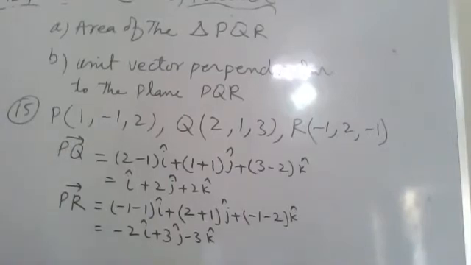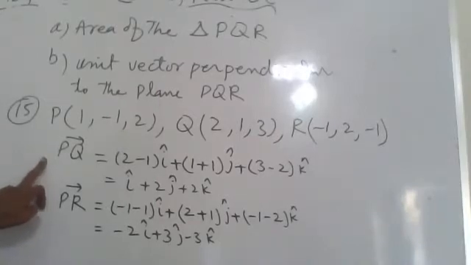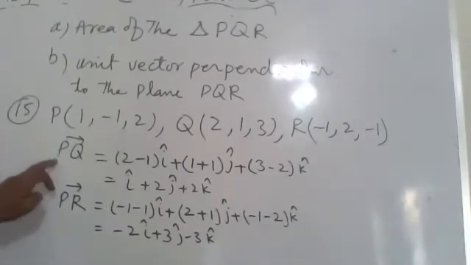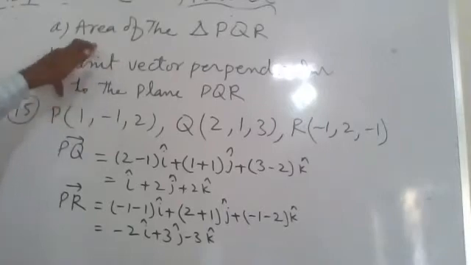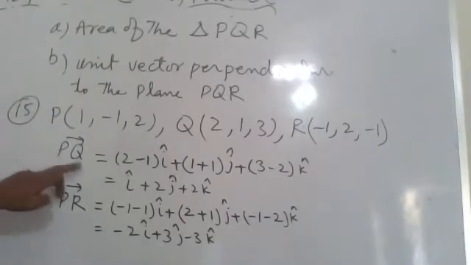In this way, we will find PQ and PR. Then we will find their cross product. If we are to find the area of the triangle, first we find the two vectors from the same point P, PQ and PR.